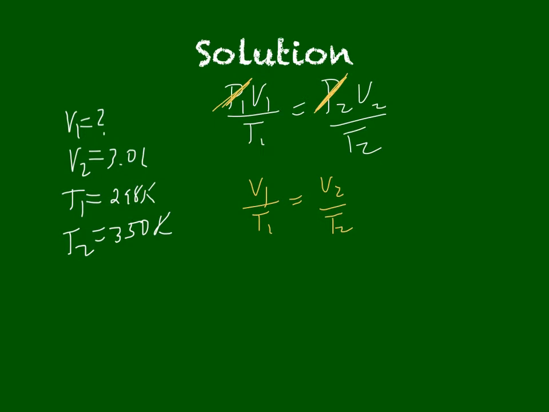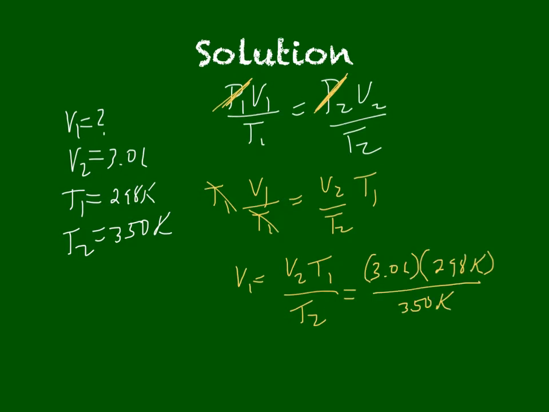I'm looking for V1, so I'm going to multiply both sides by T1, so I get V1 is equal to V2 T1 over T2. If I plug in all those numbers, I see that my temperature in Kelvins cancels. I'm left with a volume unit of liters, and the answer to this problem is then 2.6 liters.